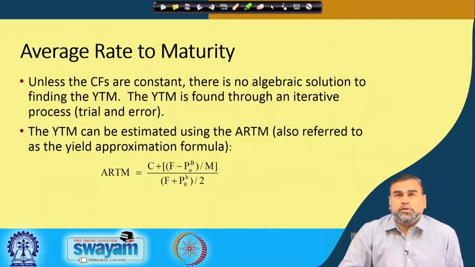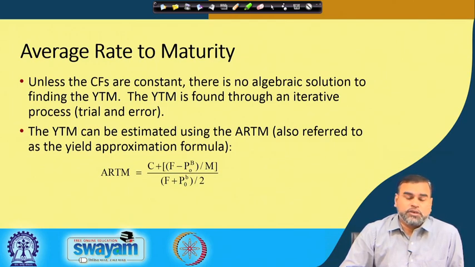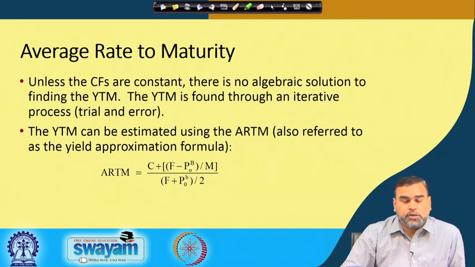But whenever we are calculating the yield to maturity, it is very difficult to find a particular YTM which makes the value of the bond equal to the present value of the cash flows. We cannot find an algebraic solution for that. In that context, we can follow an iterative process, basically a trial and error process, to find the YTM which makes the bond value equal to the present value of the cash flows.